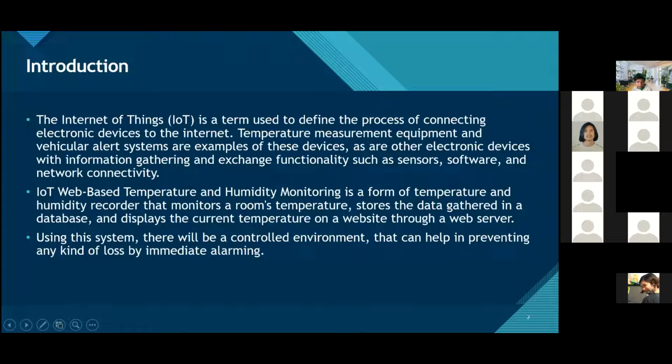Yes, yes, yes. Okay. So the Internet of Things is a term used to define the process of connecting electronic devices to the Internet. So temperature measurement equipment and vehicular alert systems are examples of this device. So IoT-based temperature and humidity monitoring is a form of temperature and humidity recorder that monitors a room temperature, stores the data gathered in a database, and displays the current temperature on a website through a server.